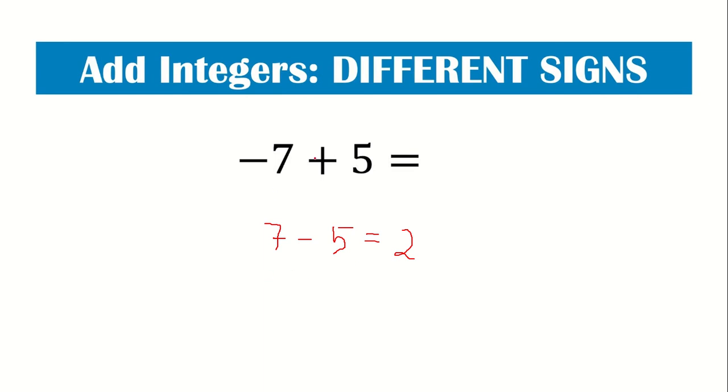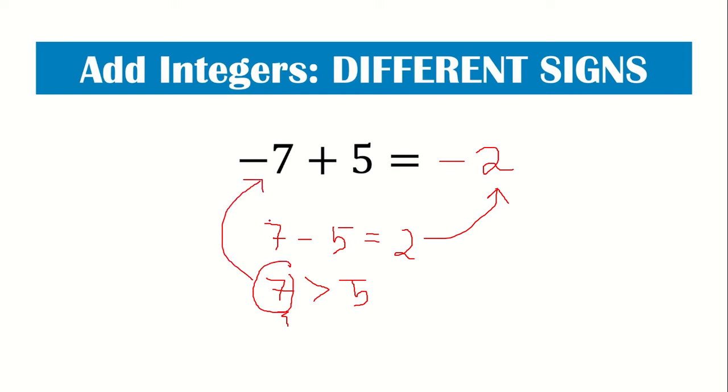And then if we compare the absolute value of each number, 7 is greater than 5. So we must follow the original sign of the 7, which is negative. So again, we just copied the 2 in here, and it's negative because 7 is greater than 5, and originally it's negative. So the answer now is -2.